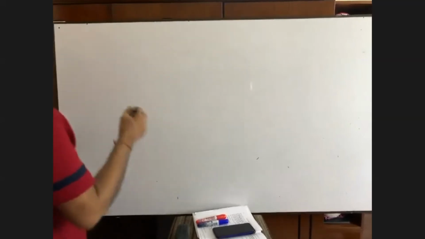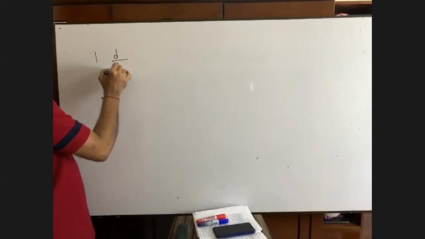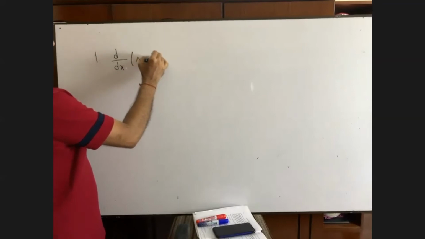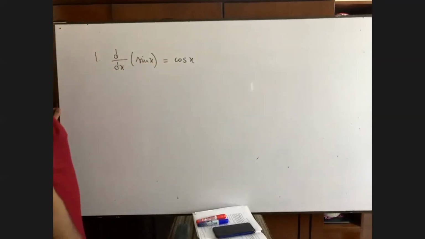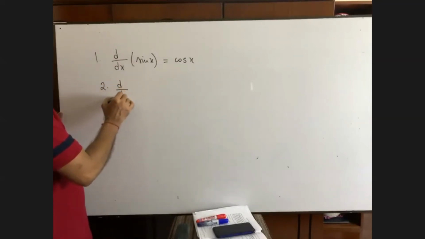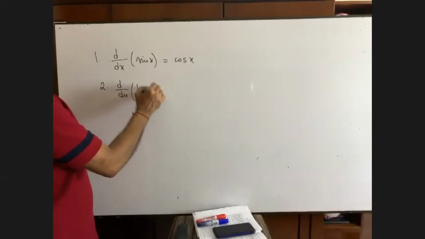So what you have got today, number 1, write down all of you again, d by dx of sin x is equal to what? Cosine x, right? Yes, sir. Okay. d by dx of tan x equals sec square x.